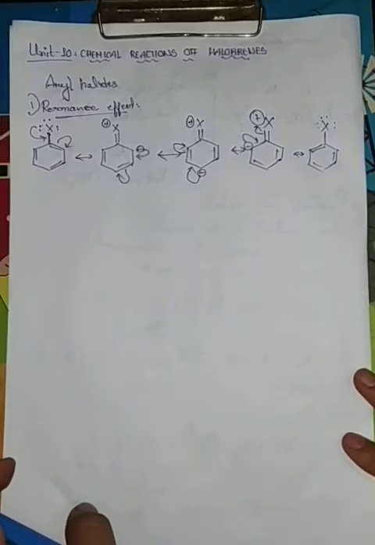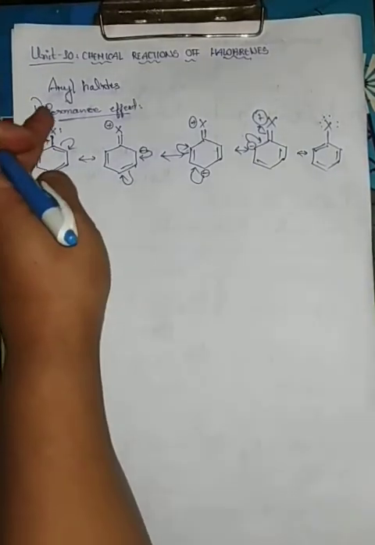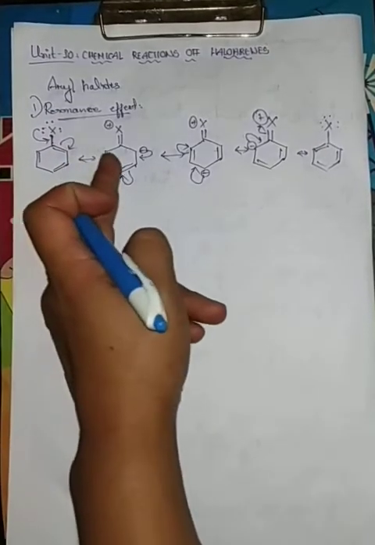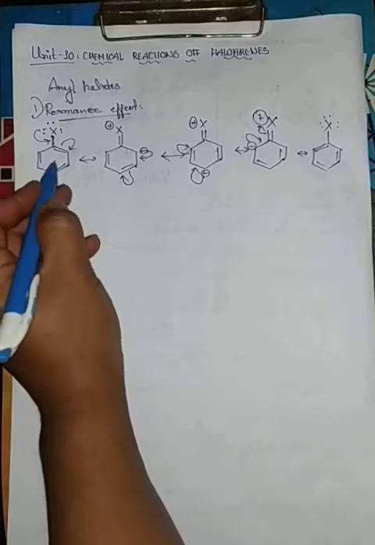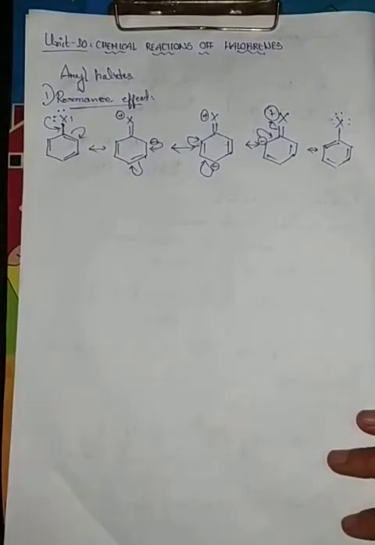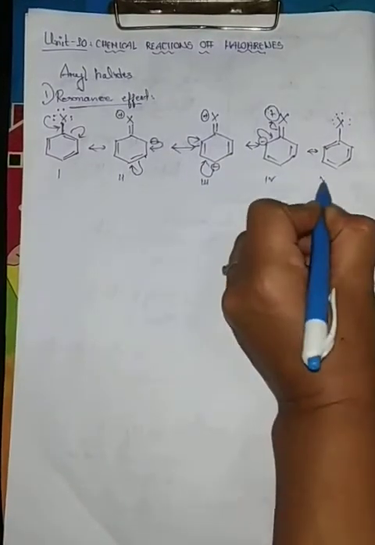From these resonating structures, we can see that the electron pairs on the halogen atom are in conjugation with the pi electrons of the ring, and thus these resonating structures are possible. Let's mark them 1, 2, 3, 4, and 5.